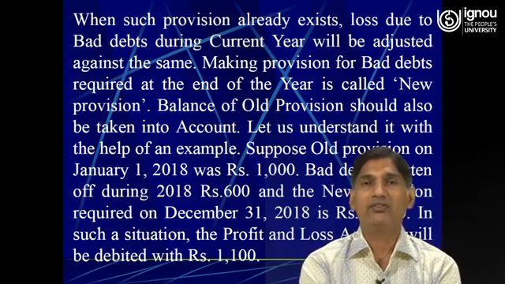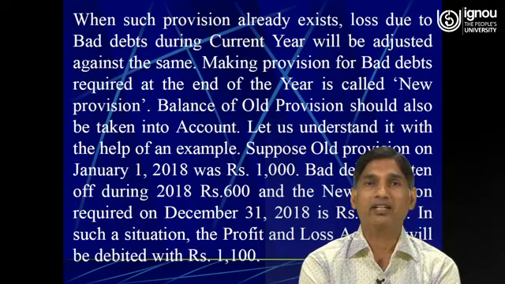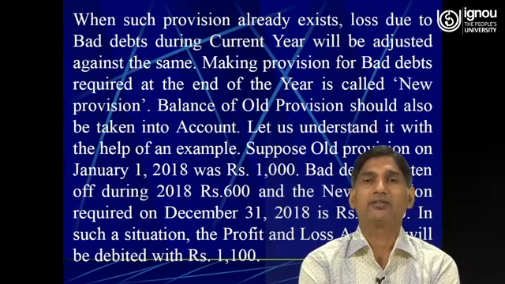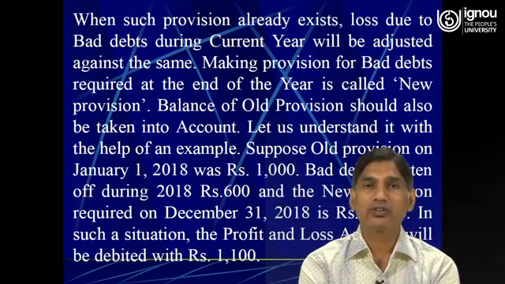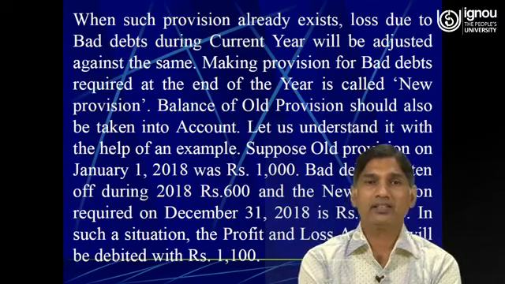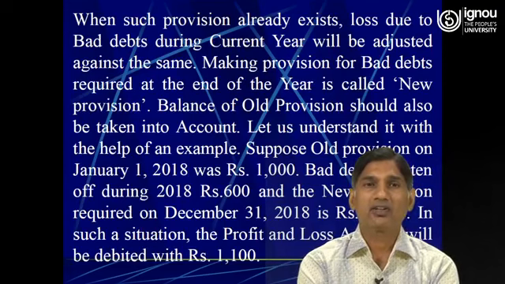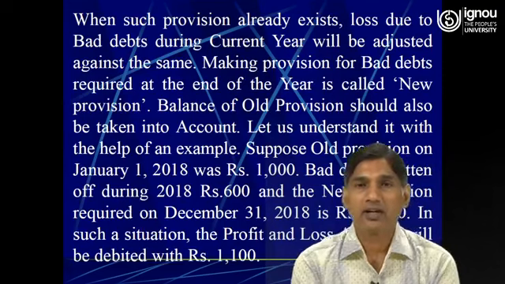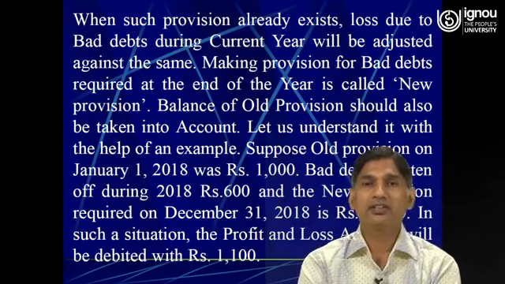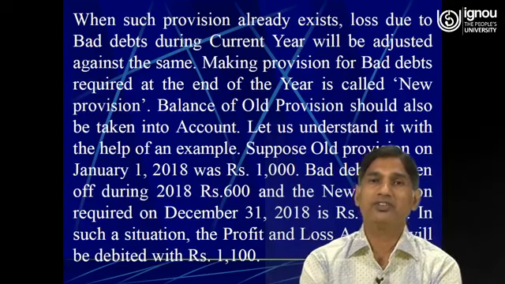Here we will simply apply this equation on the information provided to us. The old provision on January 1st 2018 was rupees 1000. Bad debts written off during the year are 600 rupees, and the new provision required is rupees 1500.